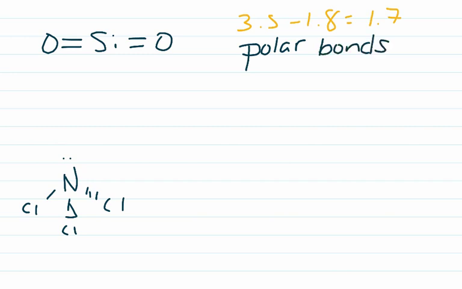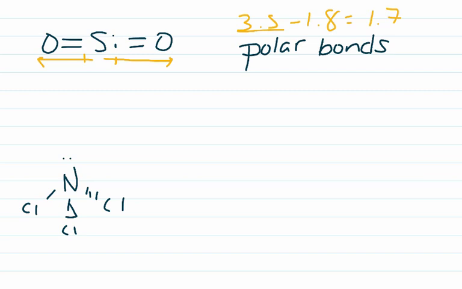So then we can draw the direction of the dipole moment towards the more electronegative element. Oxygen, with an electronegativity of 3.5, is more electronegative than silicon with 1.8. So we draw those lines towards the oxygen. In this example, it's easier to see that these dipole moments are pulling in equal and opposite directions.